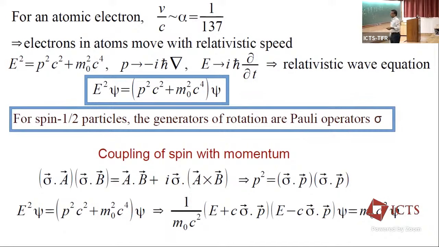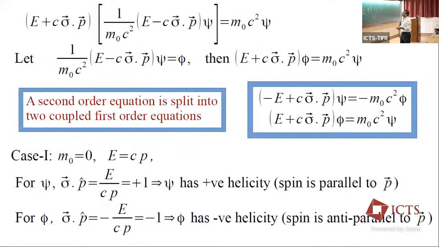This is quite easy to follow: if you pull out M0 C square on one side, and take P square by C square on the other side, you get these 2 equations. Since you have 2 by 2 matrices here, it is a 2 by 2 system of equations, so you cannot describe it with a single component wave function, or even two components, but you go to a 4 component wave equation.